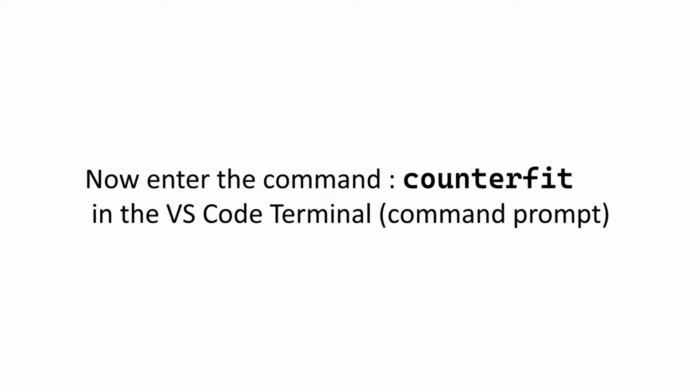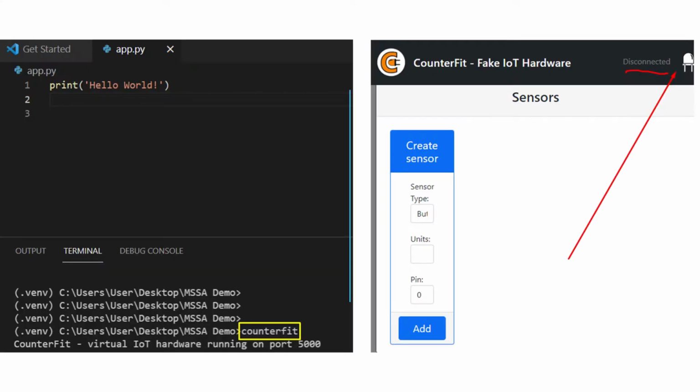Now you can enter the command counterfit in the VS Code terminal, and then you will see something like this. In the browser, this Counterfit window will open up with sensors and actuators, but please note that it will be shown as disconnected, and in the address bar you will see the localhost address that we need to put.